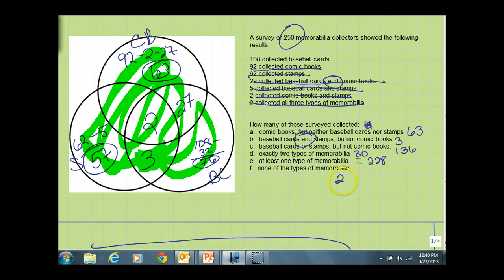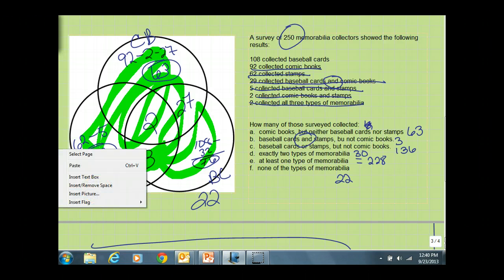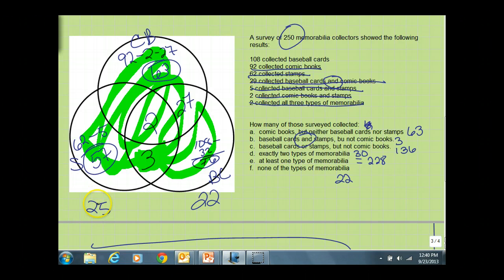The bottom one's supposed to be 22. Okay? The 22 is on the outside. So 22 you can get by taking 250 minus 228, and that's how you get 22.